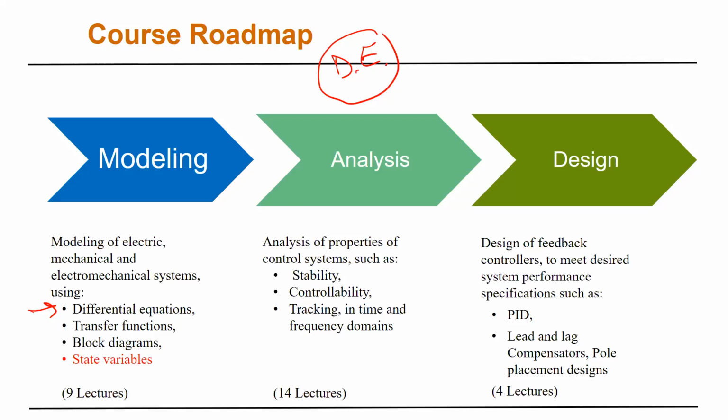Okay, 1 capacitor, 1 inductor. What do you think the order of the differential equation is going to be? Second order. If I have more elements like capacitors and inductors, I will have a higher order differential equation. And as Abdurrahman said, we will apply KVL, KCL, or Newton's law to get the differential equation.